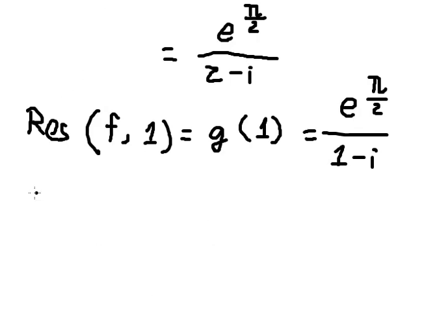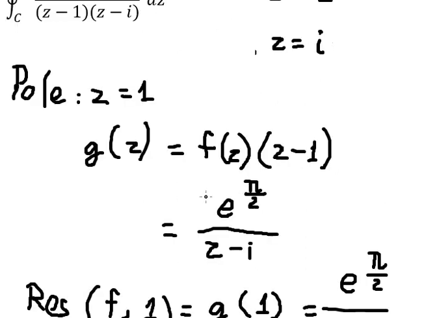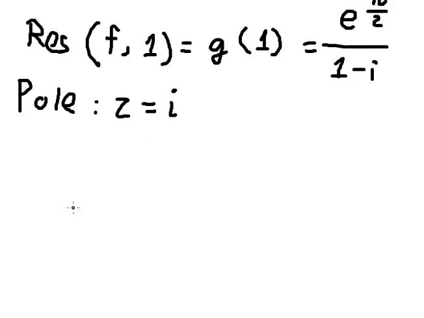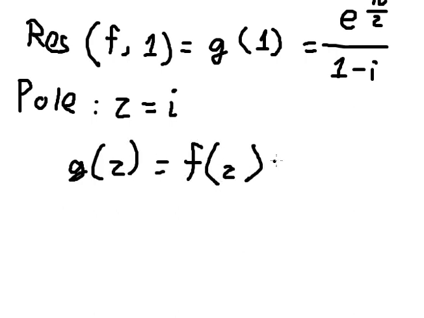Now let's go to the second one. For this one, we do the same. But now we multiply by z minus i.